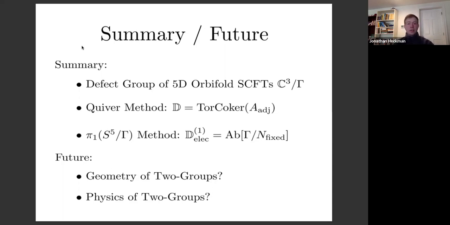I suspect that there are other very interesting applications of this, but that's something that needs to be worked out. These two-groups show up in a lot of different applications, also in condensed matter settings. So there's no doubt in my mind that there are nice applications here in the higher dimensional setting as well. It's just, I think figuring them out is something for the future. Okay, I'll stop here. So thanks for listening.